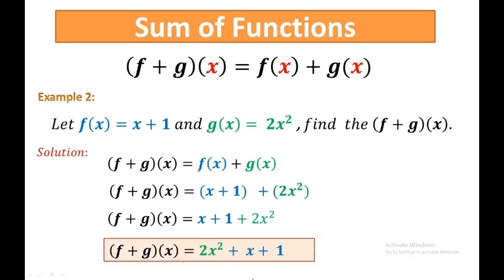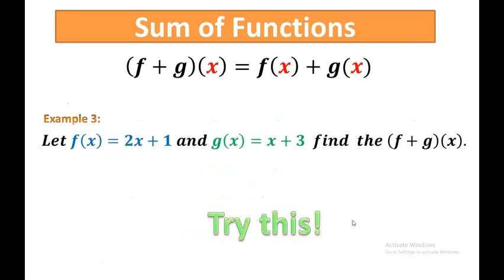Okay, so that's why we have here 2x squared first plus x, then plus 1. So i-arrange na lang natin yung solution natin. So the sum of two functions here, which is f of x is equivalent to x plus 1, and the g of x is equivalent to 2x squared, results in another function that is equivalent to 2x squared plus x plus 1. Okay?